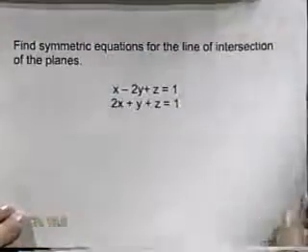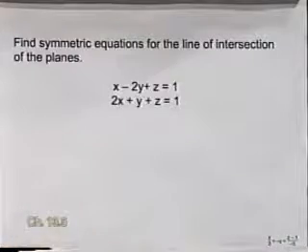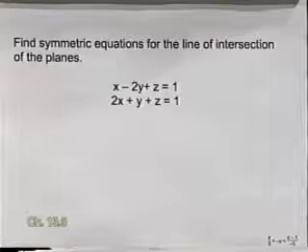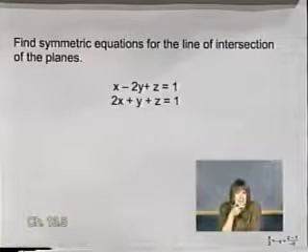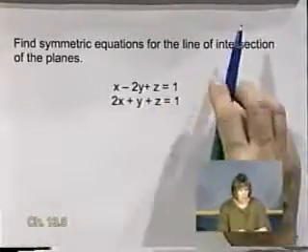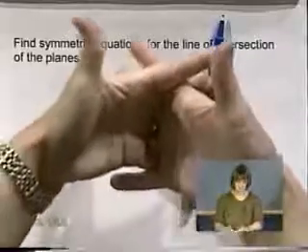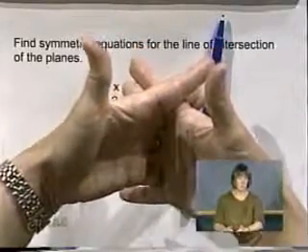We're going to skip this for right now. Oh, no, let's do it right now. I can do it quite quickly. Find the symmetric equations of the line of intersection of the planes. These are two planes. This is one plane. Here's another plane. What do the planes intersect in?